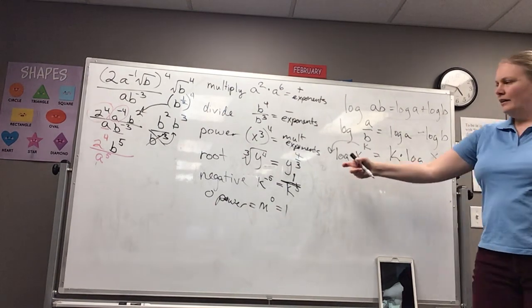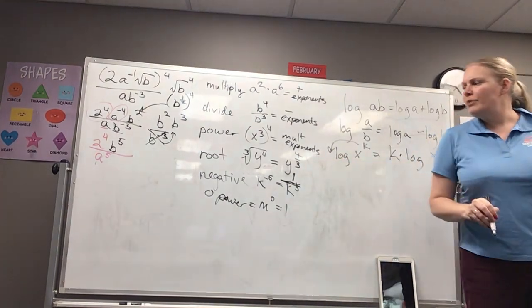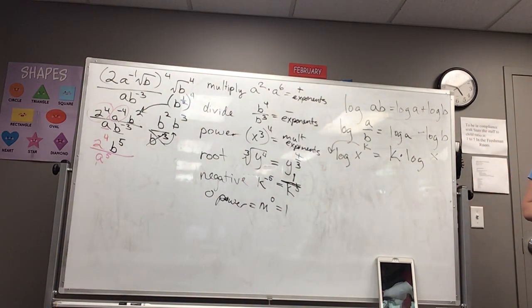I'm not really familiar with a root problem. I don't see logs of roots very often, so we're not going to focus on that one too much. And the negatives don't come up as much because, again, because of exponents, logs of negatives frequently will result in undefined.